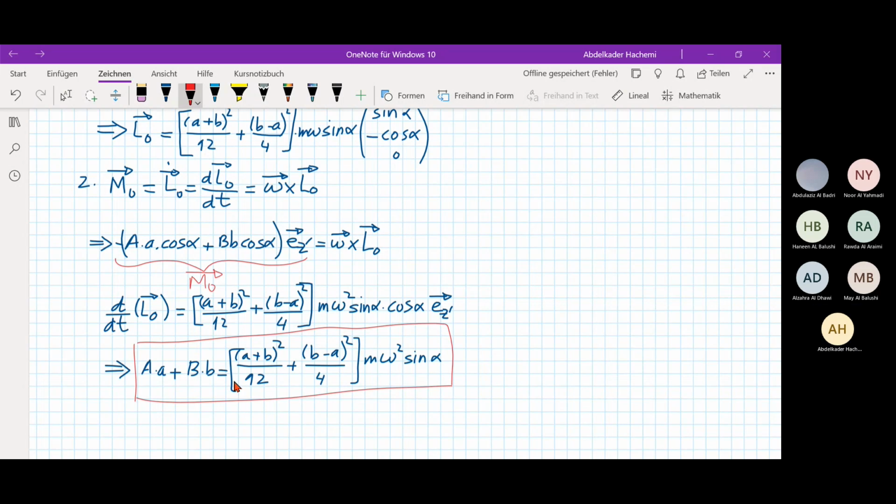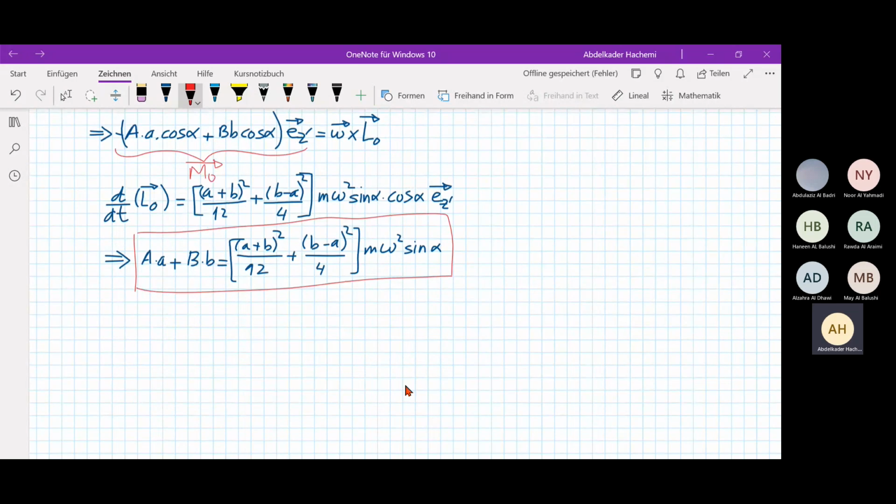another equation for the reaction. In this case, we have only to add the equilibrium at the centroid. And for this case, we can use Newton's law.